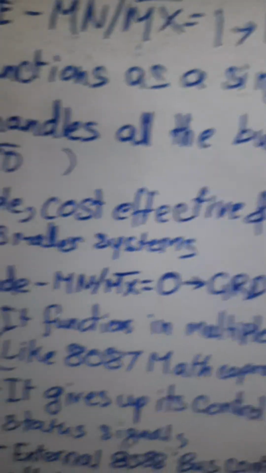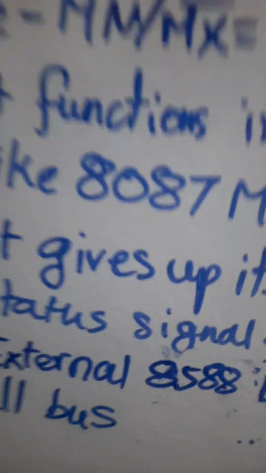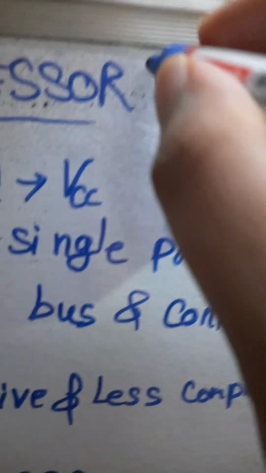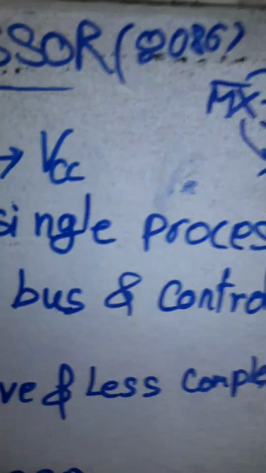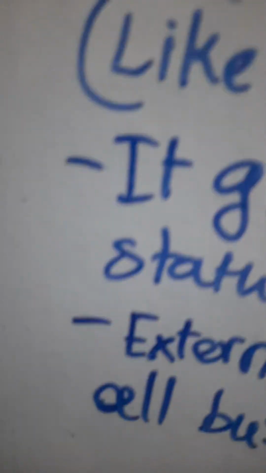So the first point is it acts as a single processor. By the way, I have to clarify, this is about the 8086 microprocessor. There are other processors, or at least other chips, that you would study, so you might get confused. In microprocessors you mostly just remember numbers.